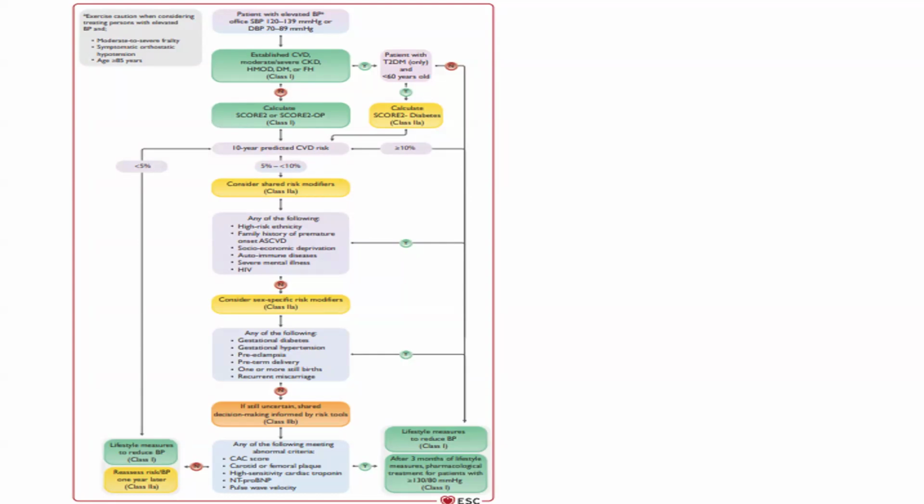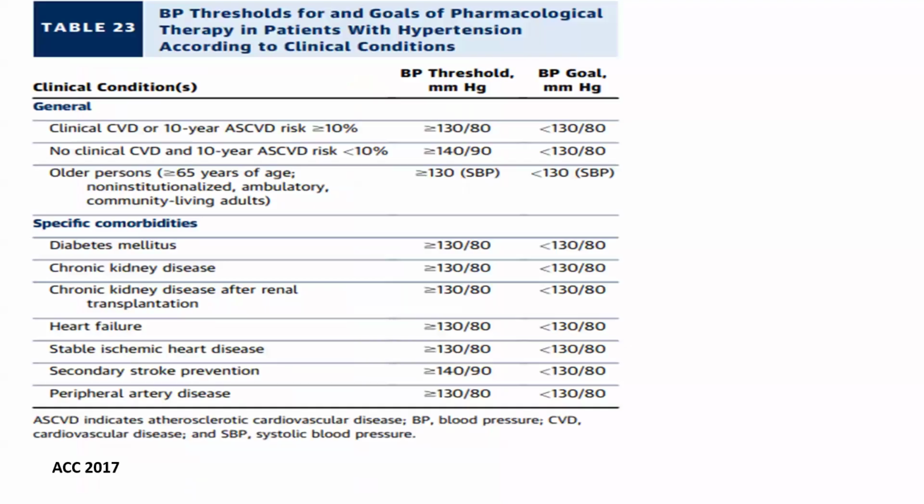As well, CAC score, troponin, carotid artery ultrasound, and so on are used to risk stratify patients in these groups. And if they turn out to be positive, then they join this group with lifestyle measures for 3 months. And if blood pressure is not controlled, then they go for pharmacologic therapy.